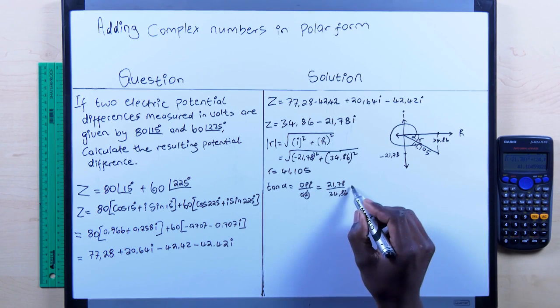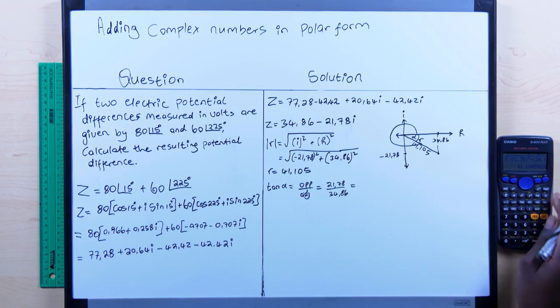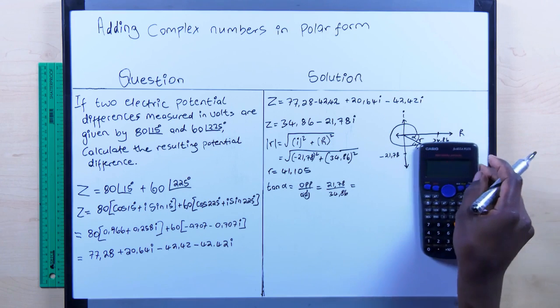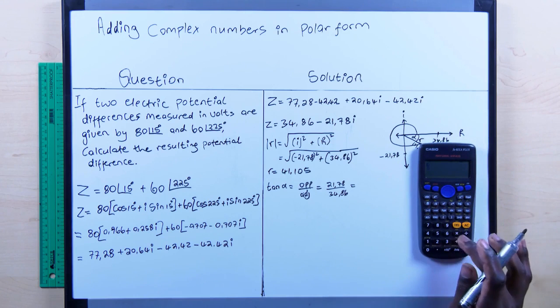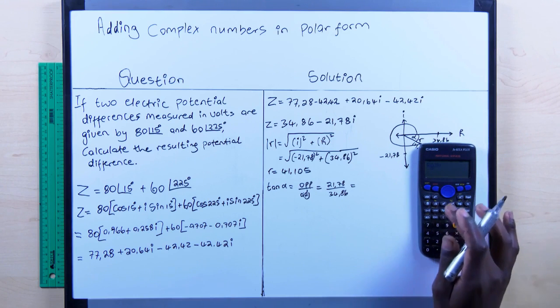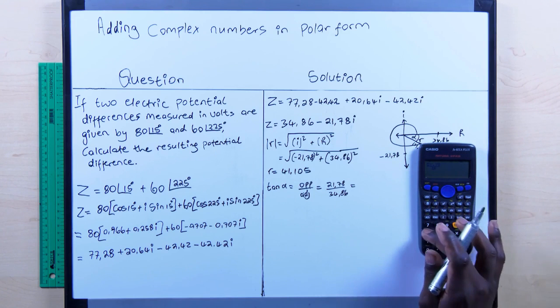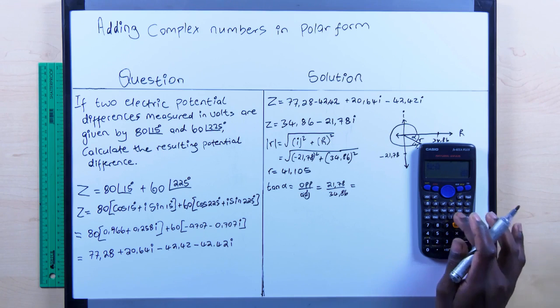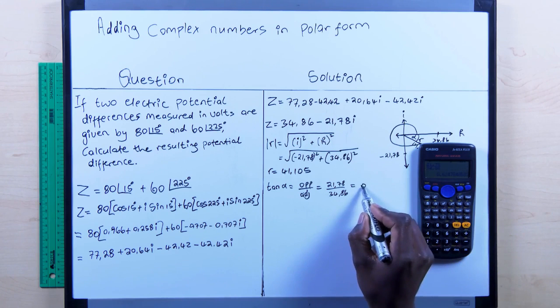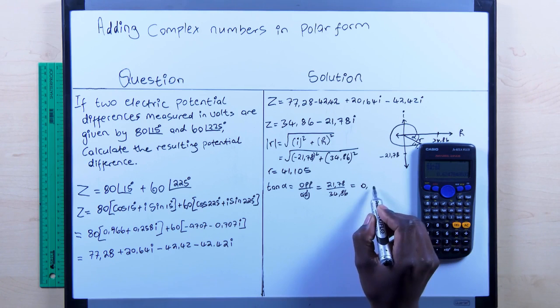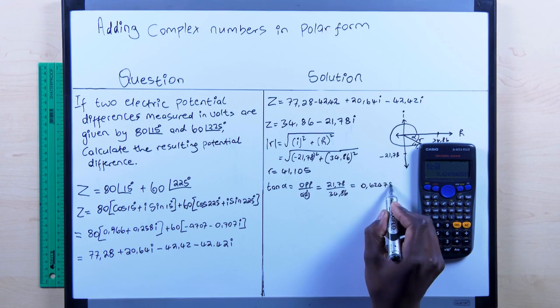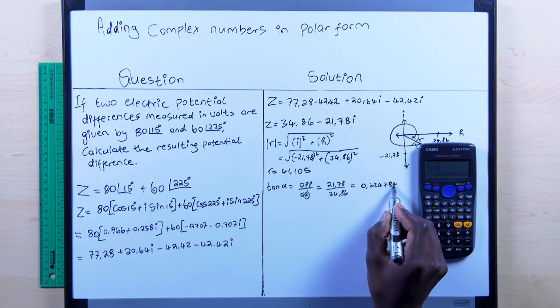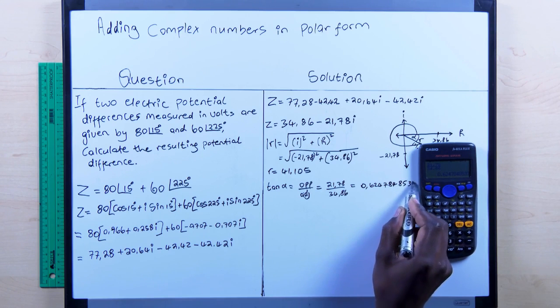I'm using absolute values, so tan alpha is equal to 0.62478485337.